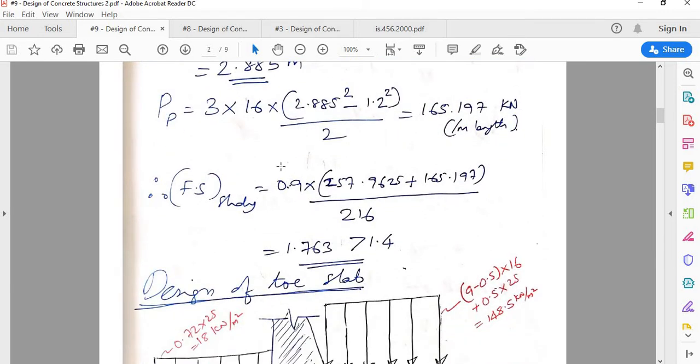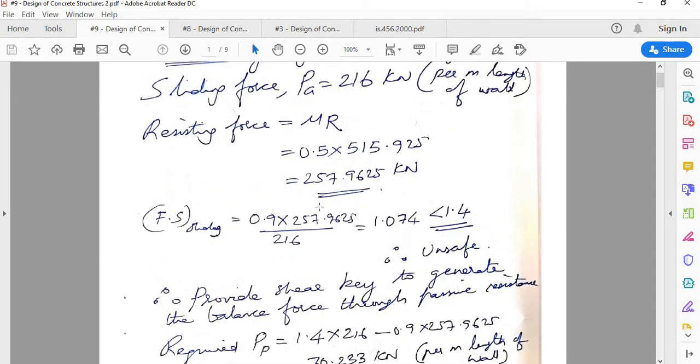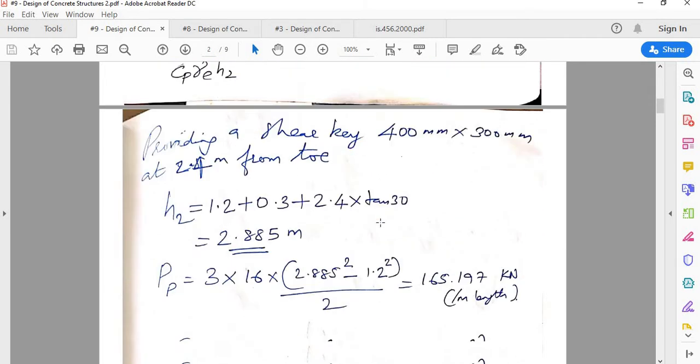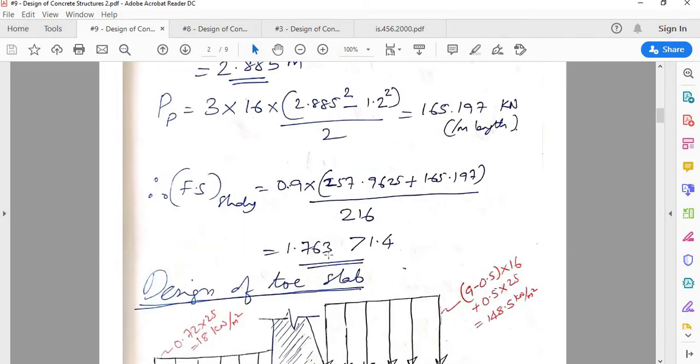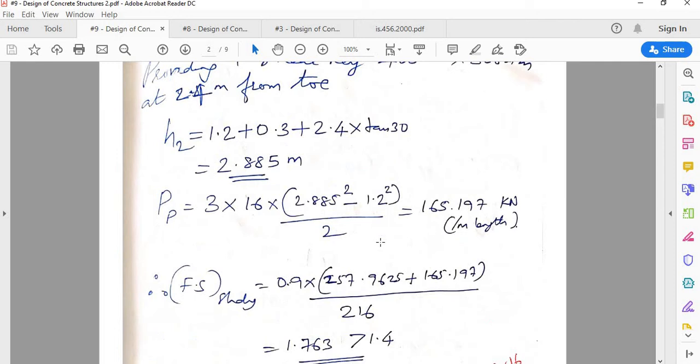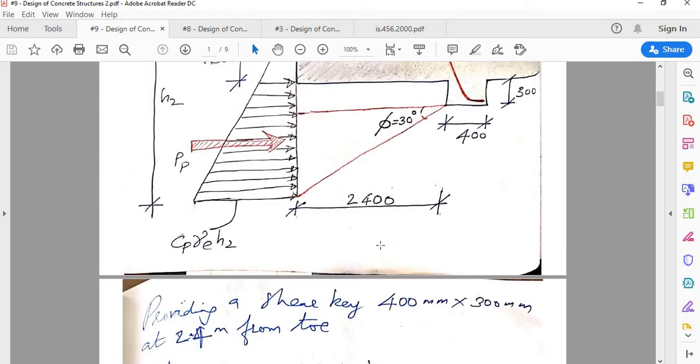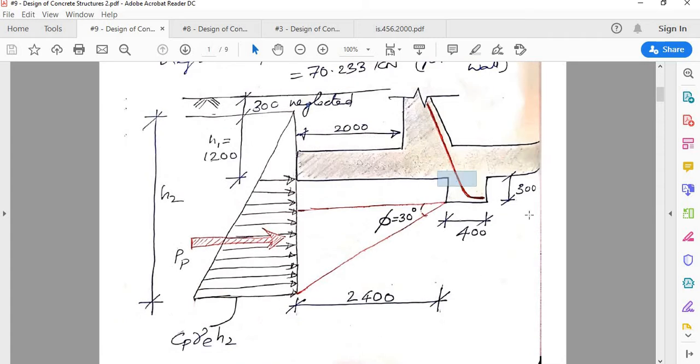Using that, we plug it in the factor of safety formula that we had used here. So in the numerator you will have an extra term, and it is coming to be 1.763, which is greater than 1.4, which is okay. So the sliding check is okay after providing a shear key.